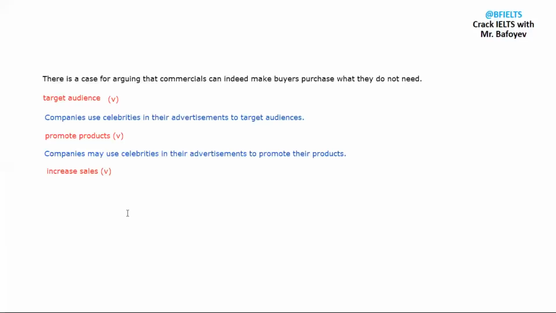Companies may increase their sales by using celebrities in their advertisements, which indeed helps them promote their products among the population, right? So this is one way you can say, there is a case for arguing that commercials can indeed make buyers purchase what they do not want, and then explain the reasons using some of these phrases in the body paragraph.